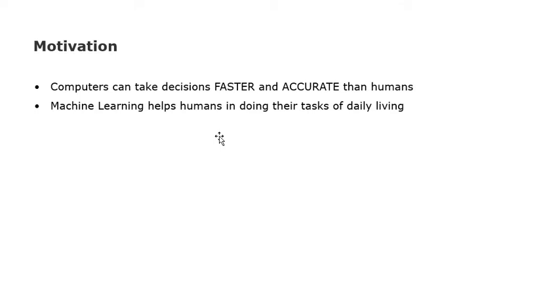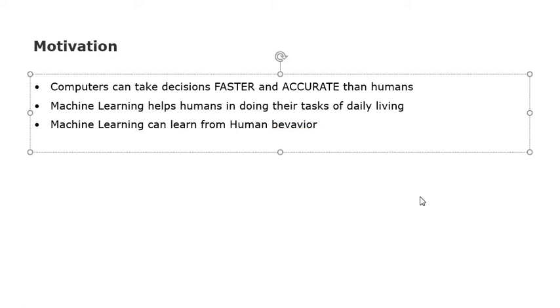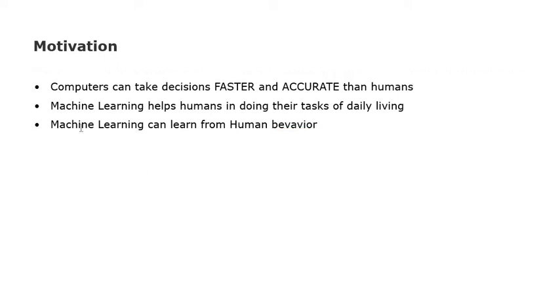The blue color indicates light traffic, the red color indicates heavy traffic. That's using machine learning. And Amazon uses machine learning to suggest the products which you need to buy. Everywhere in daily life, machine learning is being used, and yes, it can learn from human behavior. As per your behavior, it can change its modeling technique accordingly.